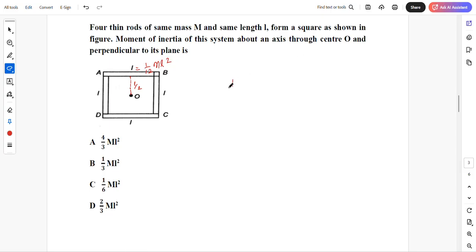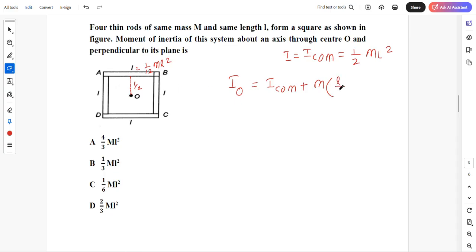We are supposed to calculate the moment of inertia about the axis through O, so I_O. For one rod, this is I_COM, and we know that I_COM is equal to 1 by 12 m l square. Then I is equal to I_COM plus the mass m into distance the whole square.